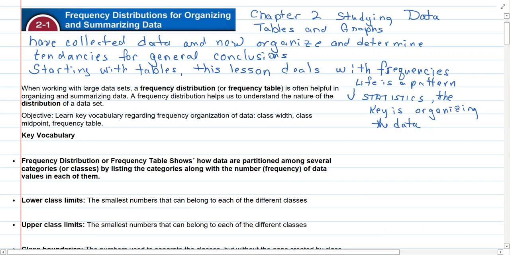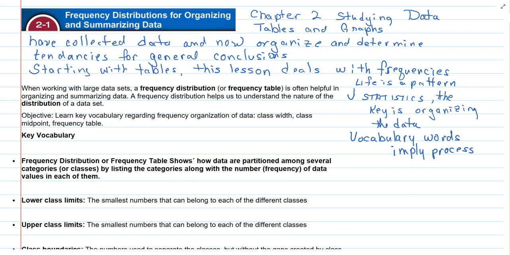All right. So I have naturally vocabulary words, and remember, vocabulary words imply process. So here we go. Again, I've typed up the majority of it so I don't write where you can't read it, and it looks better for you.